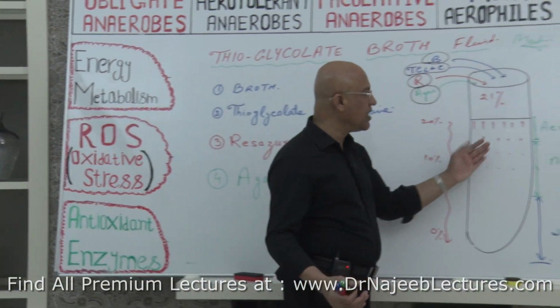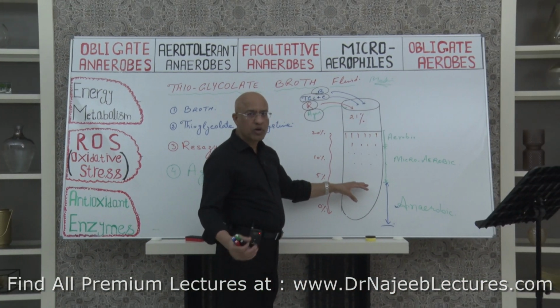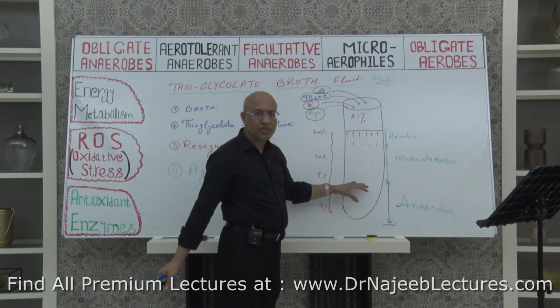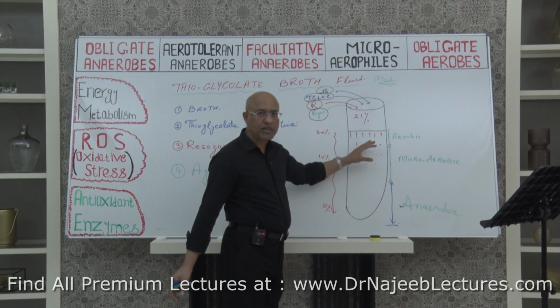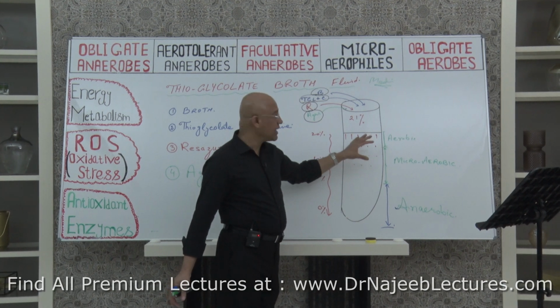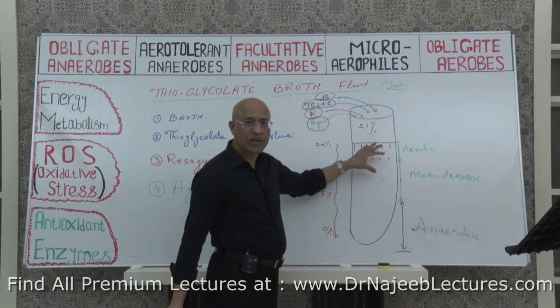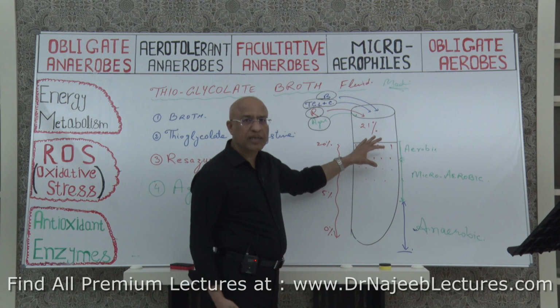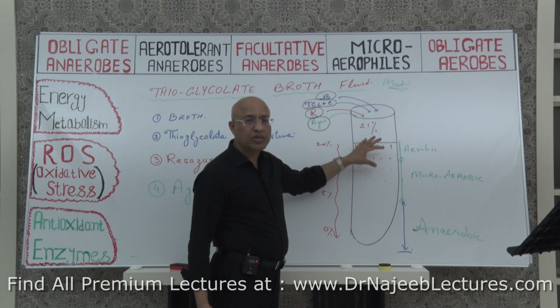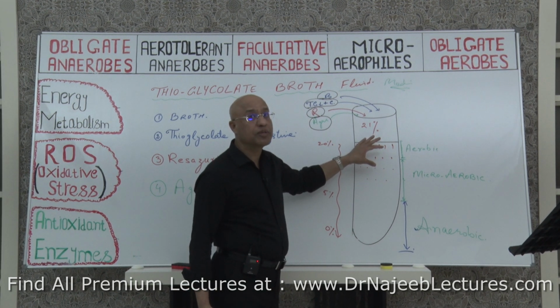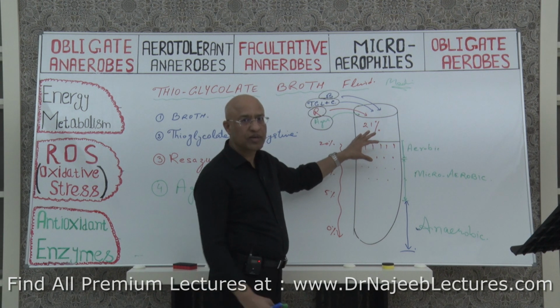Now you can understand, if a group of bacteria does not have defenses against reactive oxygen species, can it survive at the top? Of course not, because there is a lot of oxygen. At the top only those bacteria will survive which have defenses against oxidative stress, right? Let's discuss after the break.